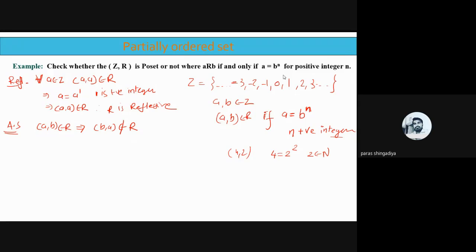So start with (a, b) belongs to R, for a, b belongs to Z, a not equal to b.